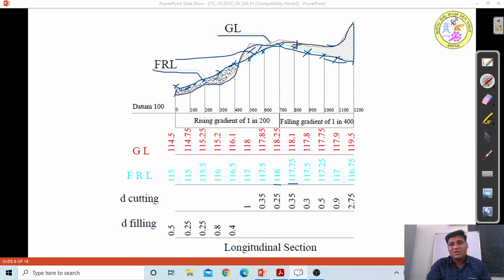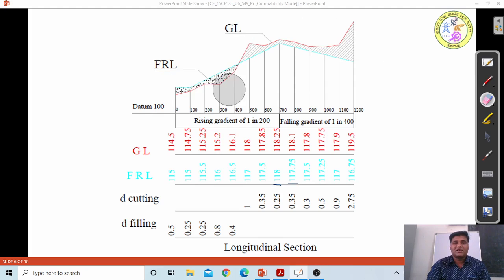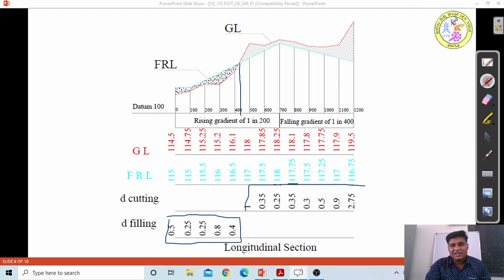So here I have to cut, meaning I have to remove the earth. Understood? Next I am going to calculate the depth in cutting and depth in filling. Up to this point there is filling. It has been represented graphically, and from here to here it is depth in cutting.